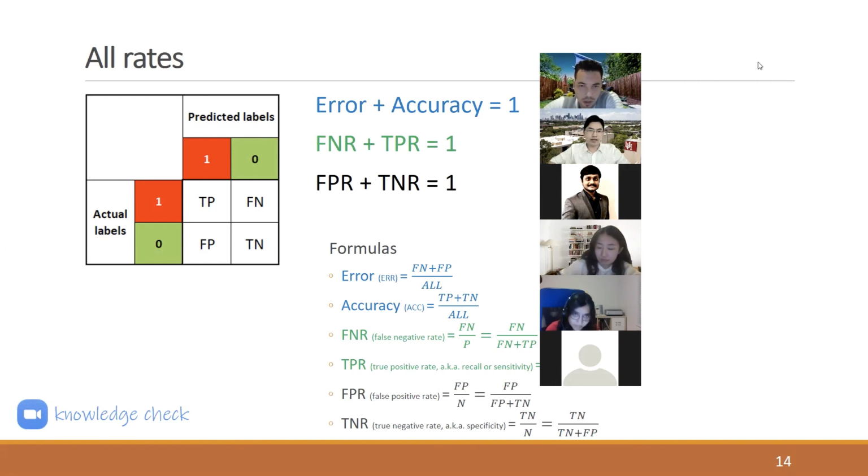So what's false negative rate? Anybody want to think aloud or draw on the screen? It's true positive rate minus 1, or 1 minus the true positive rate. 1 minus?